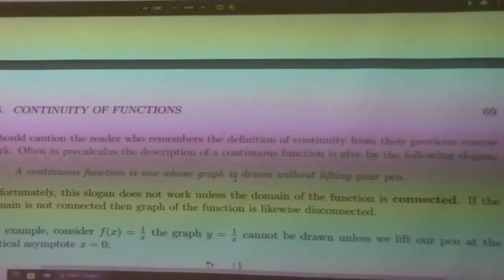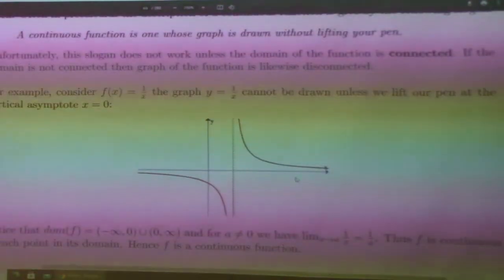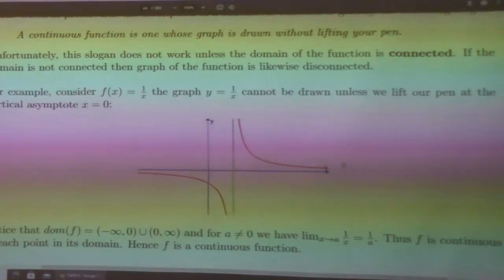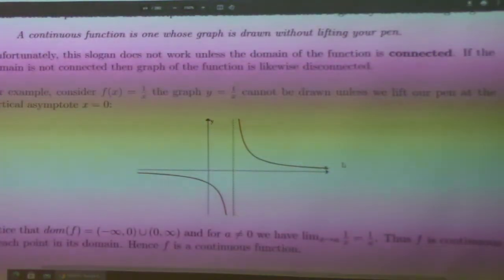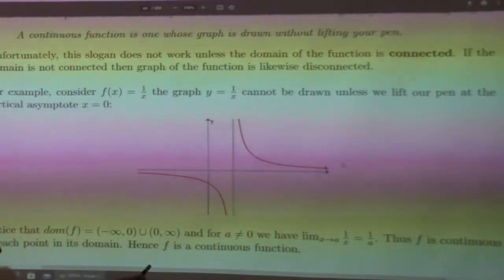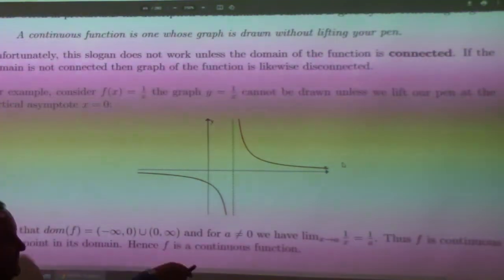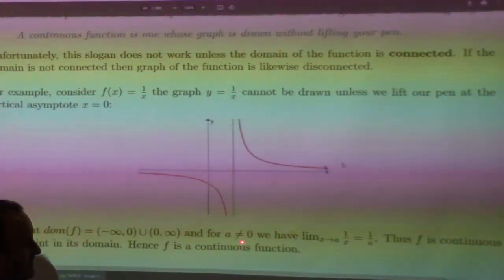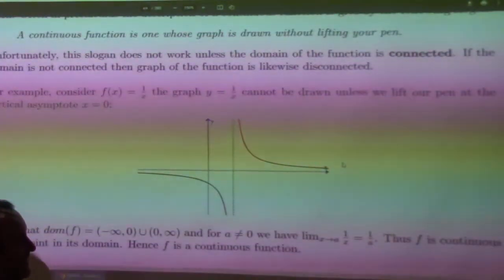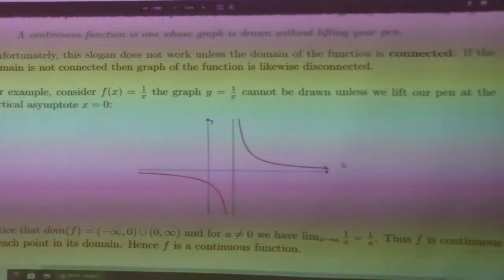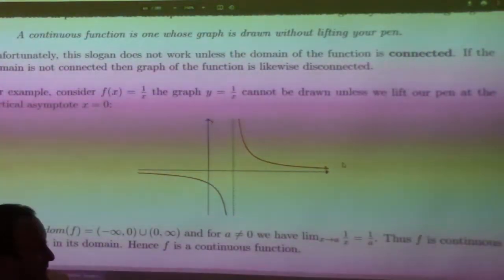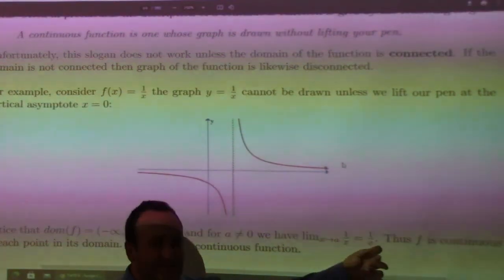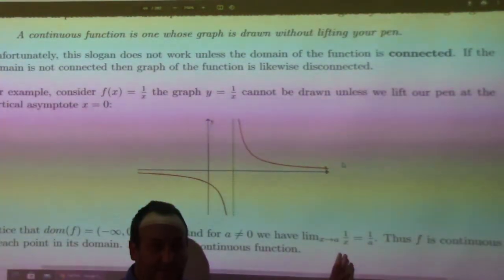F of x equals 1 over x. This graph cannot be drawn unless we lift our pen at the vertical asymptote. But on the other hand, the point a equal to 0 is not in the domain of f of x equals 1 over x. So it is the case that the limit as x goes to a of f of x is equal to f of a for every a in the domain.